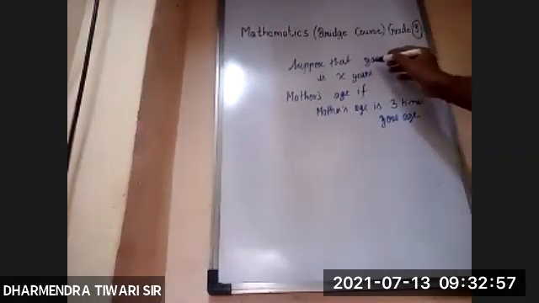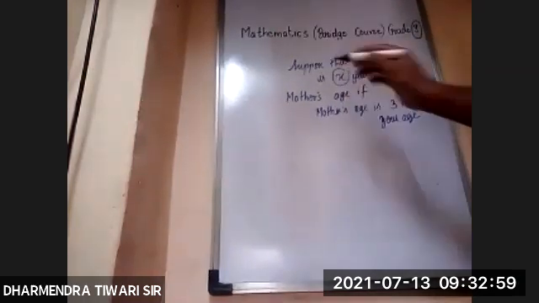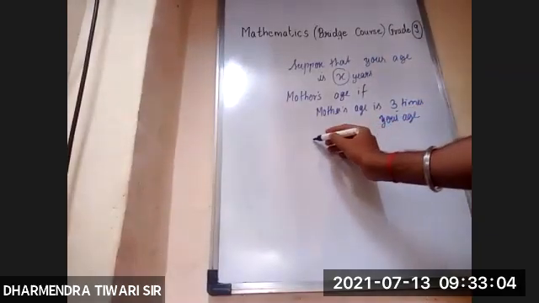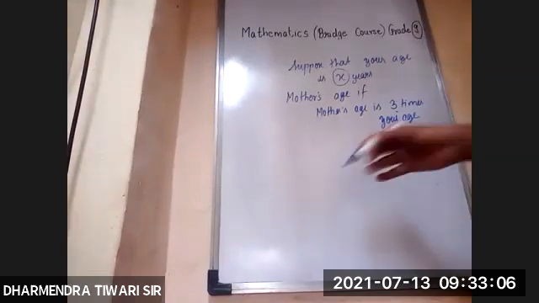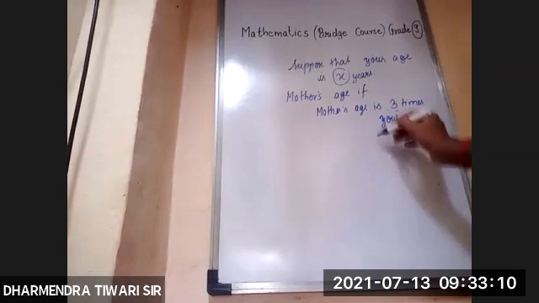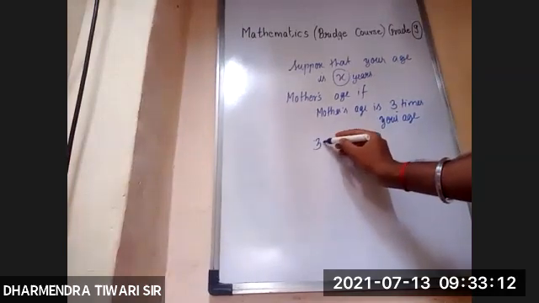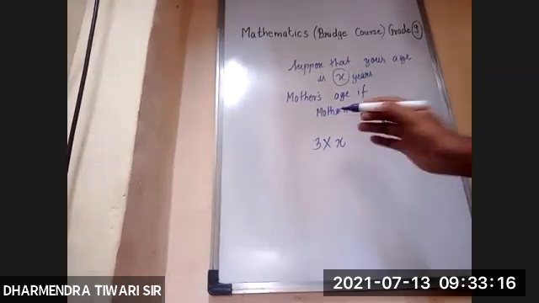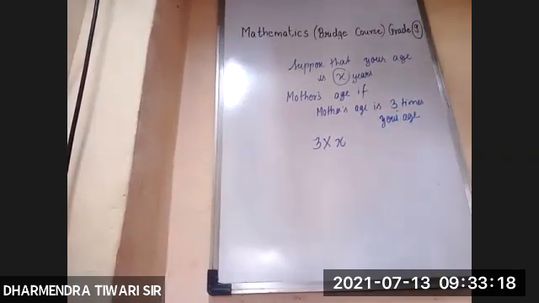We know that your age is X. So 3 times means we are multiplying 3 to your age. Times means multiplication. Right.